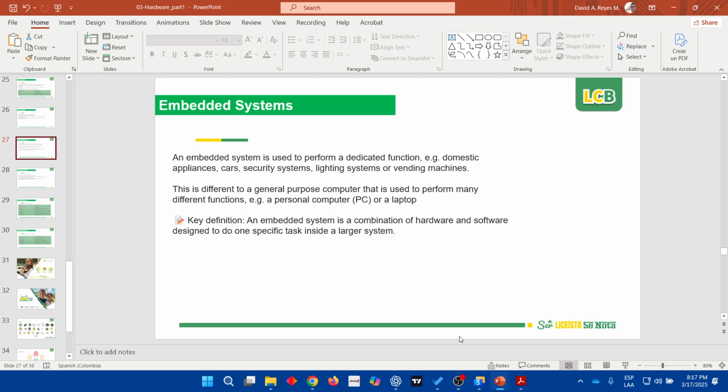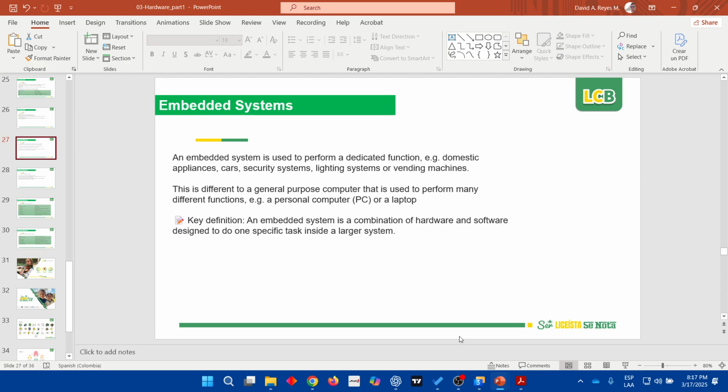For example, domestic appliances, cars, security systems, lighting systems, or vending machines. This is different to a general purpose computer that is made to execute many tasks. For example, the computer is not an embedded system.